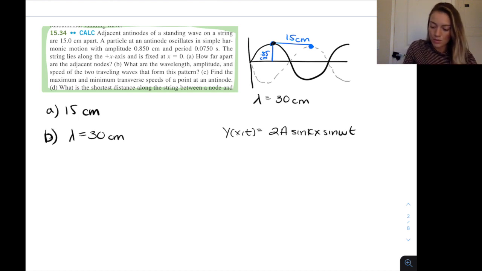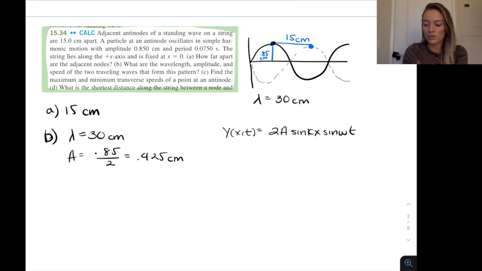So the amplitude will be 0.85 divided by 2, which is 0.425 centimeters. And the reason I knew that corresponded to the amplitude here is, when they say a particle at an antinode oscillates in simple harmonic motion, remember we said for a standing wave, each particle along the wave actually oscillates in simple harmonic motion.